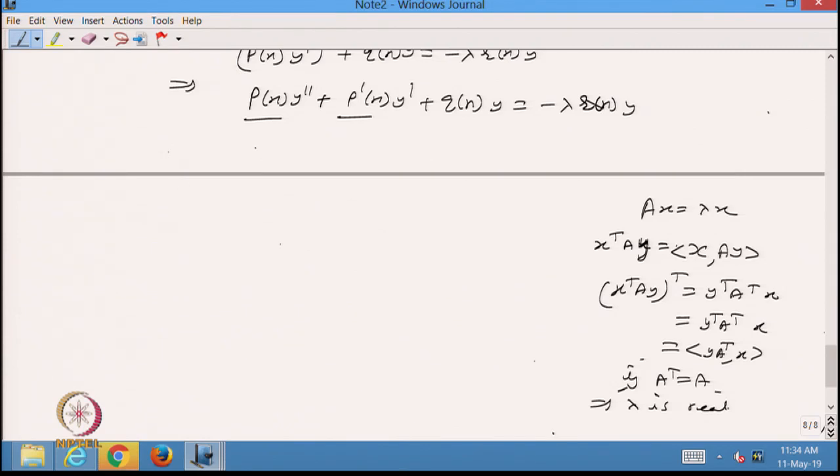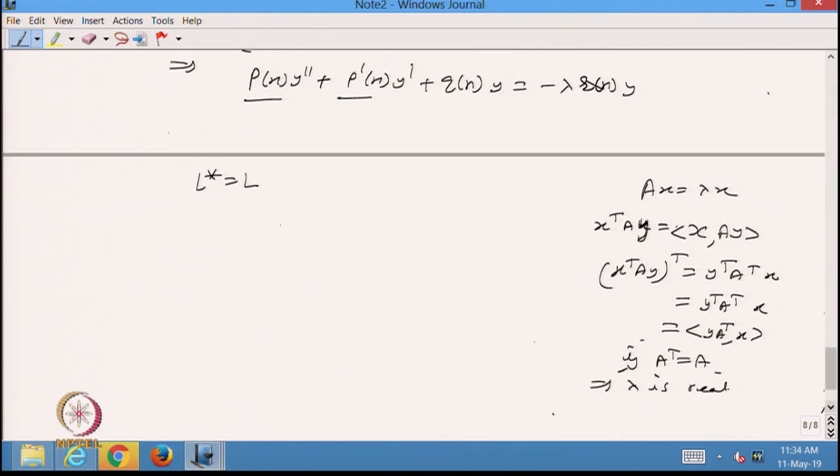In this case I know that L star is equal to L. So I am now defining the inner product of Lu and v. This is equal to the inner product of u and Lv by the definition of the self-adjoint operator.